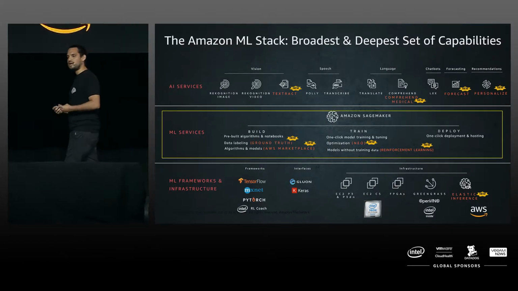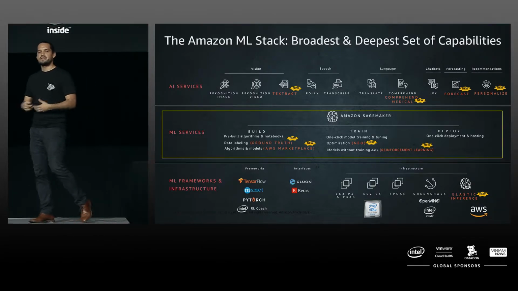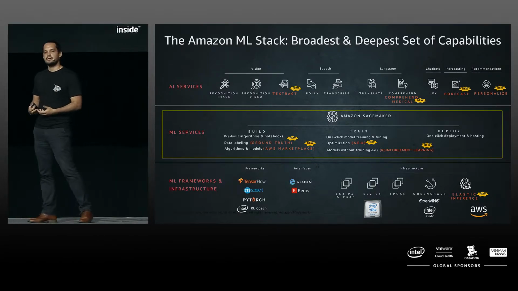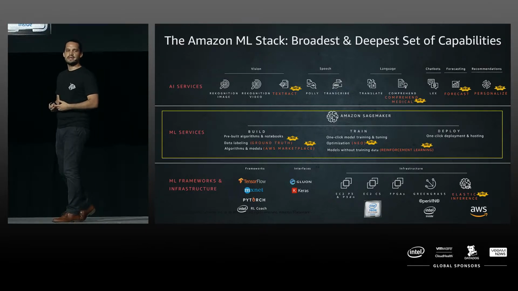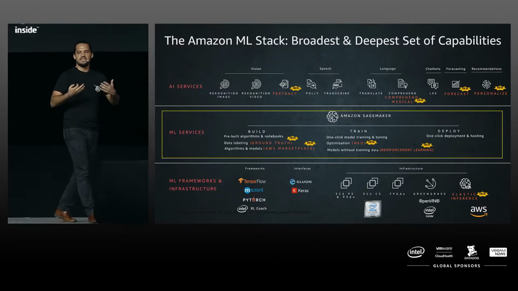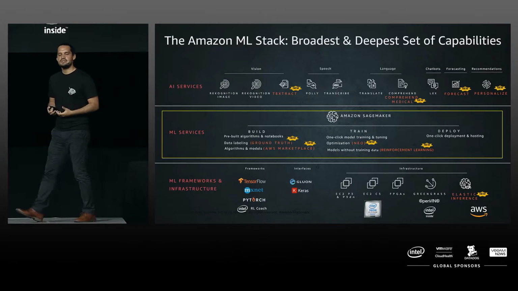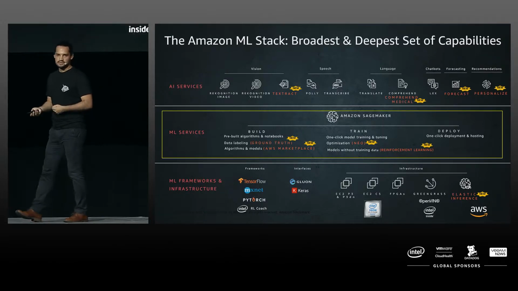Okay, and our AI services are basically out-of-the-box API services for doing things like computer vision, natural language processing, building recommendation engines. Okay, and this is going to be really nice because you're going to get out-of-the-box really sophisticated deep learning technology. Okay, that you can embed into your applications with little to no data science experience.